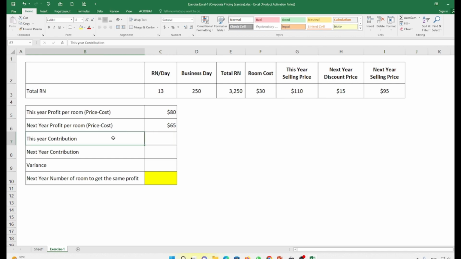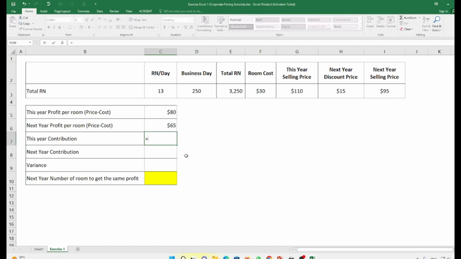Let's see this year's contribution. We need to see how much in total for this year with the profit of $80 per room per night.